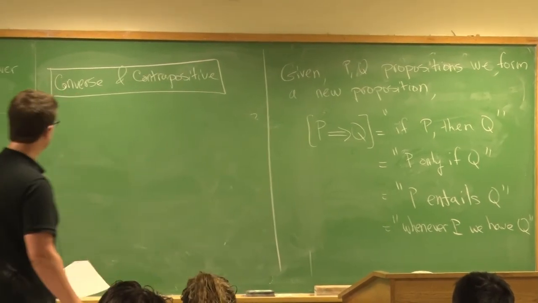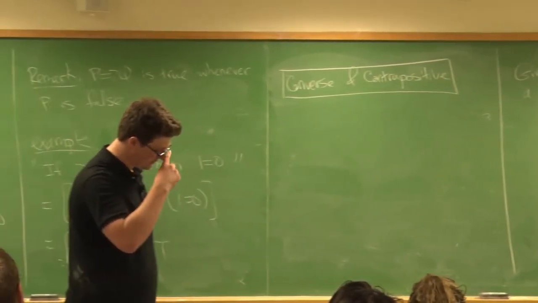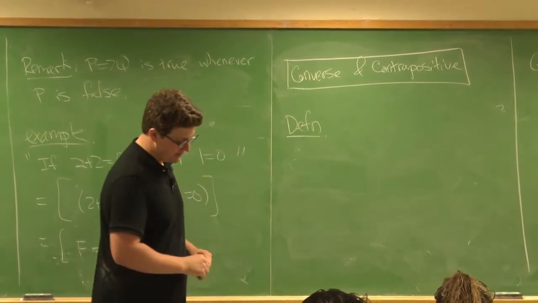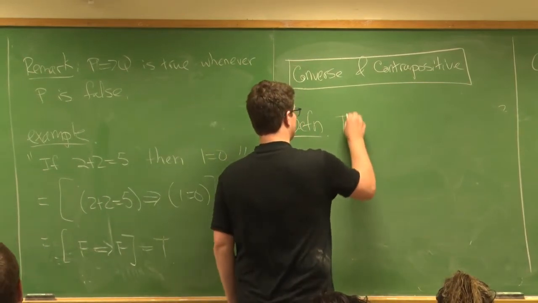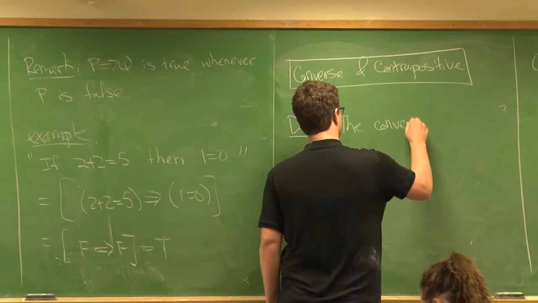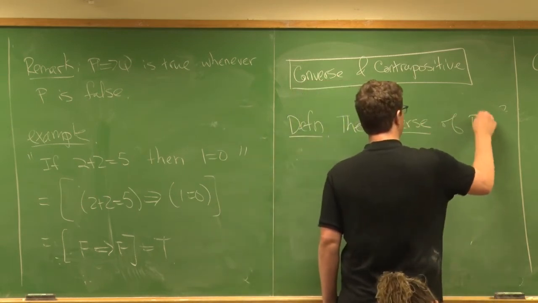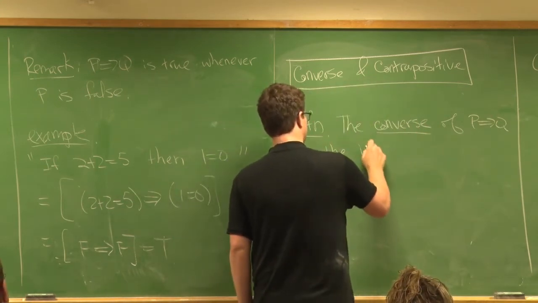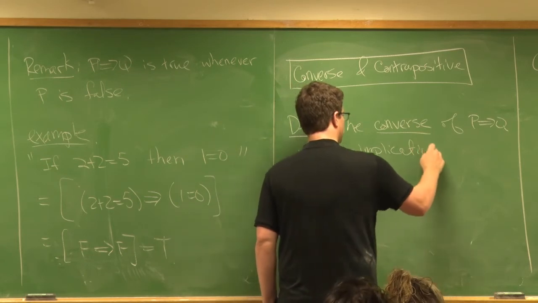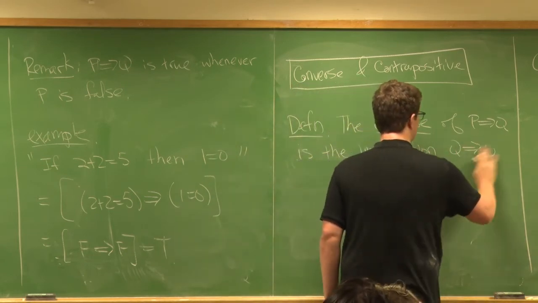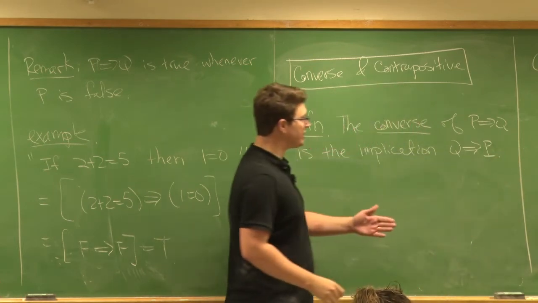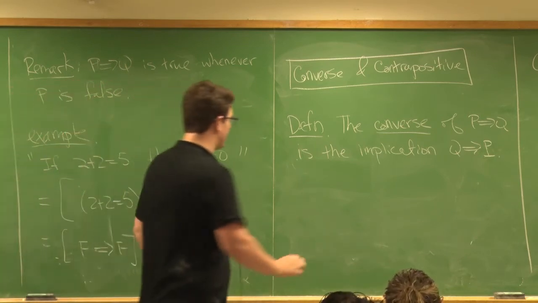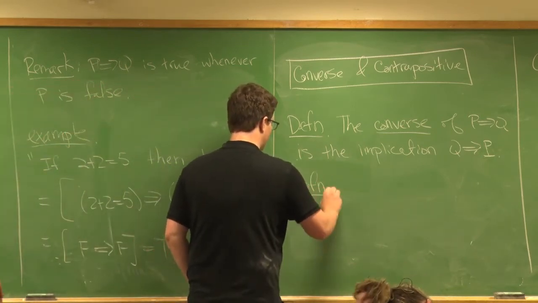Okay, so here let's talk about the converse and the contrapositive. I'm going to give you the definition of the converse. The converse of P implies Q is the implication Q implies P. You just flip the arrows. P implies Q and Q implies P are not the same. The other one is the contrapositive, which is a very useful thing.